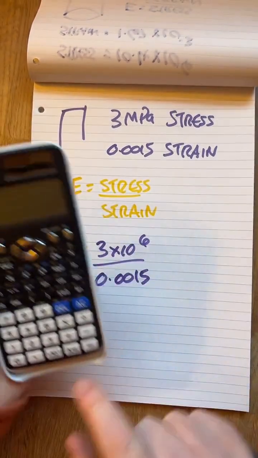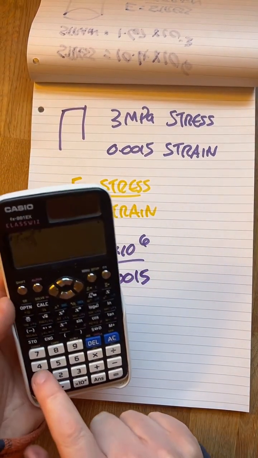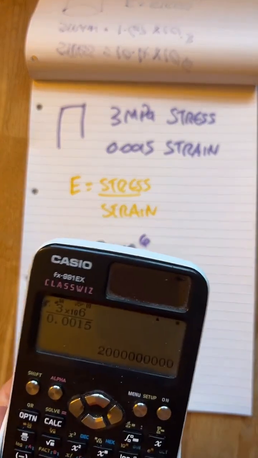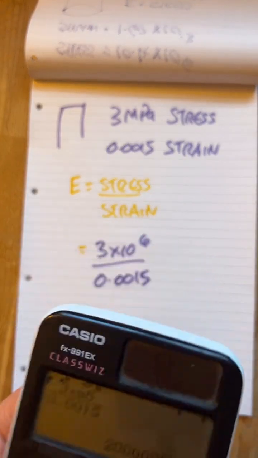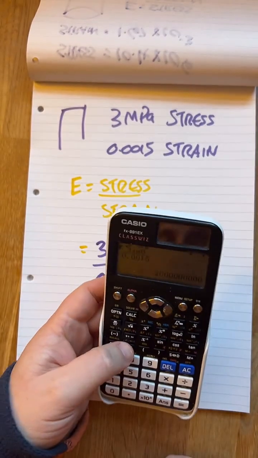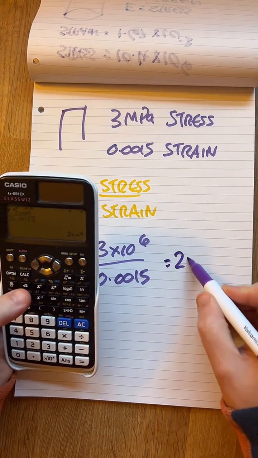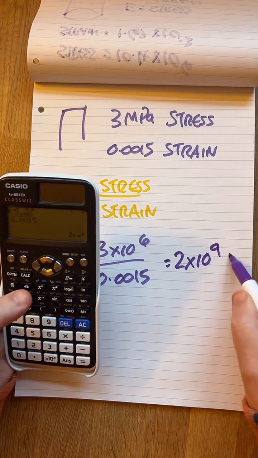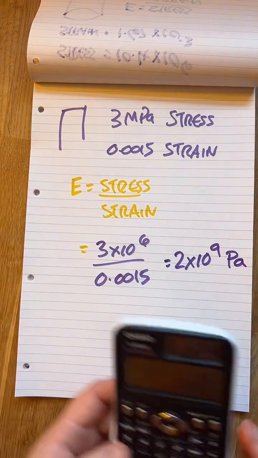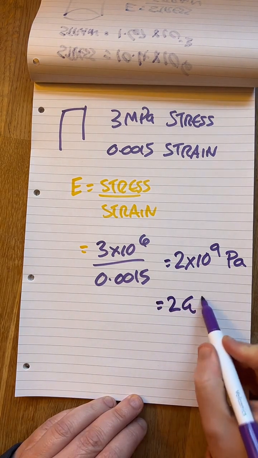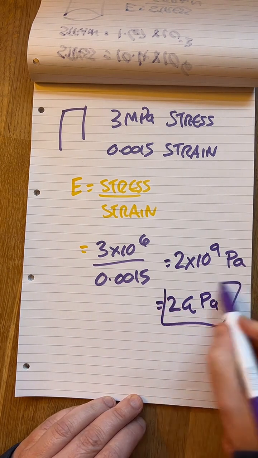We'll divide that by 0.0015. It gives 2 and loads of noughts. I'm going to press E and G to save the ink: 2 times 10 to the 9 pascals. The unit of Young's modulus is the pascal. That is 2 gigapascals.